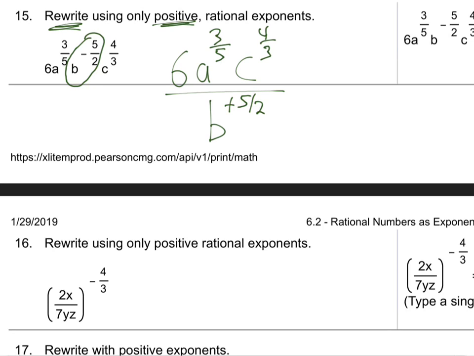So it's going to flip the whole fraction. Does that make sense on that? So that'll be 7y z on the top, 2x down there, and then the power will become positive, and we're done. Just like that.